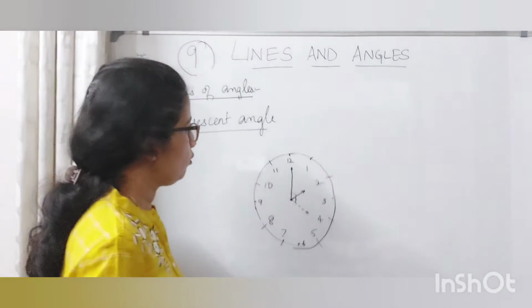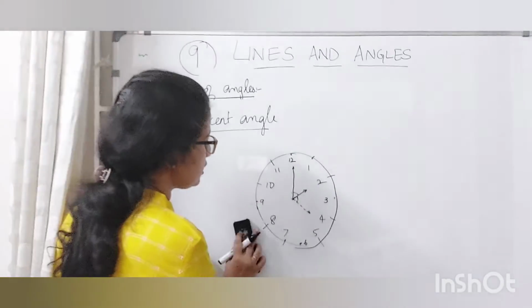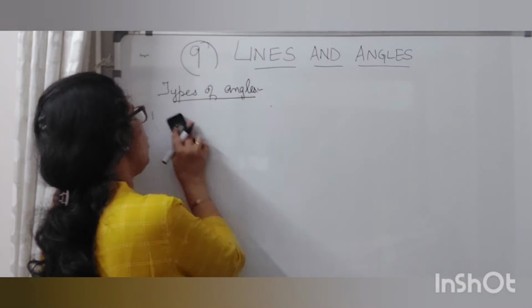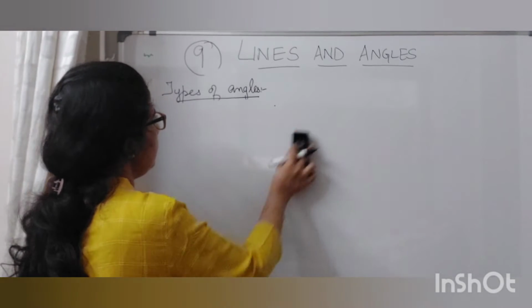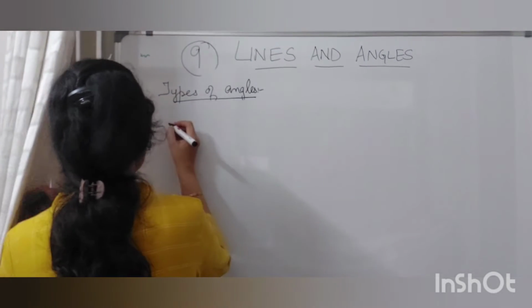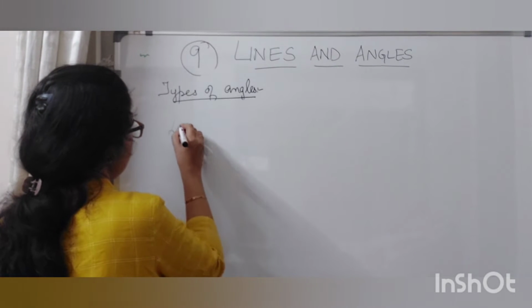Now let's move on to our next topic, which is a type of adjacent angle. We know now what an adjacent angle is. Now we are going to see a type of adjacent angle, which is the linear pair.